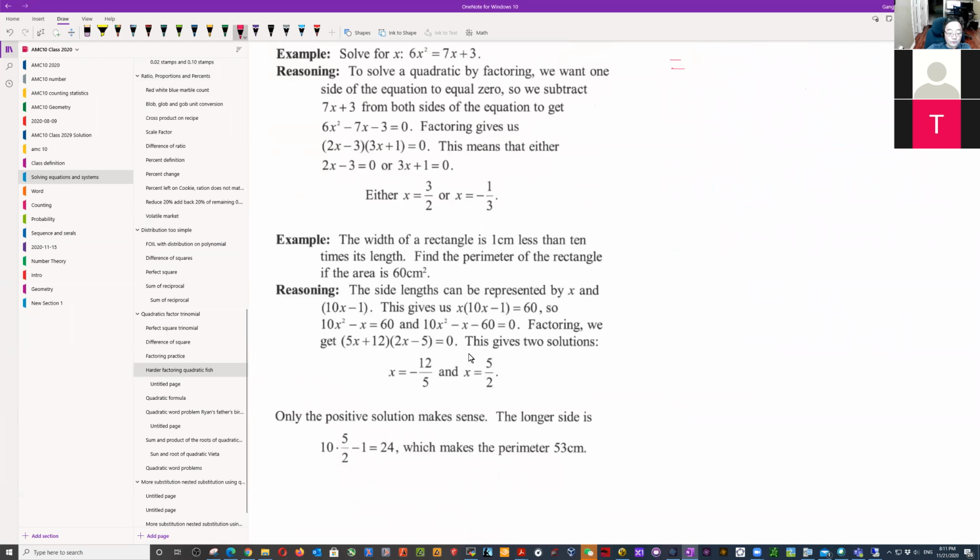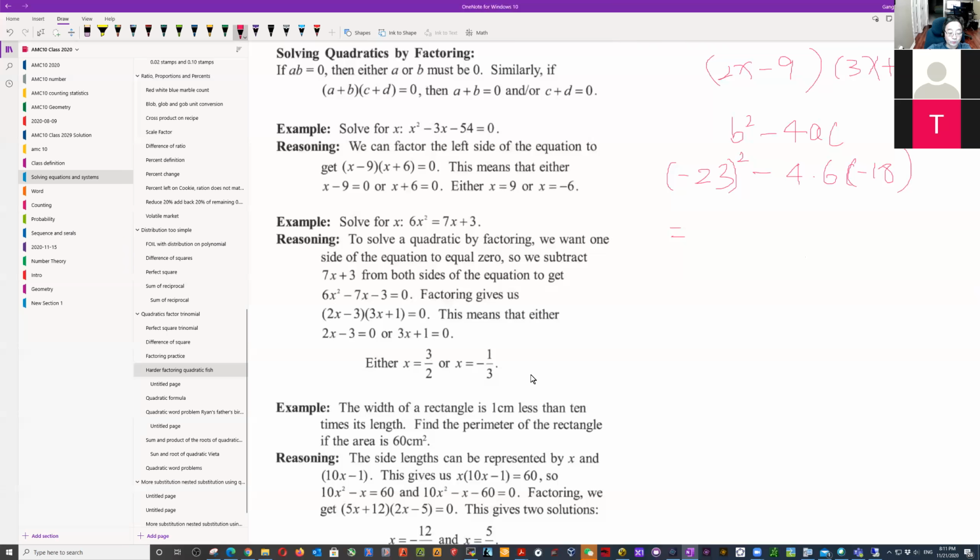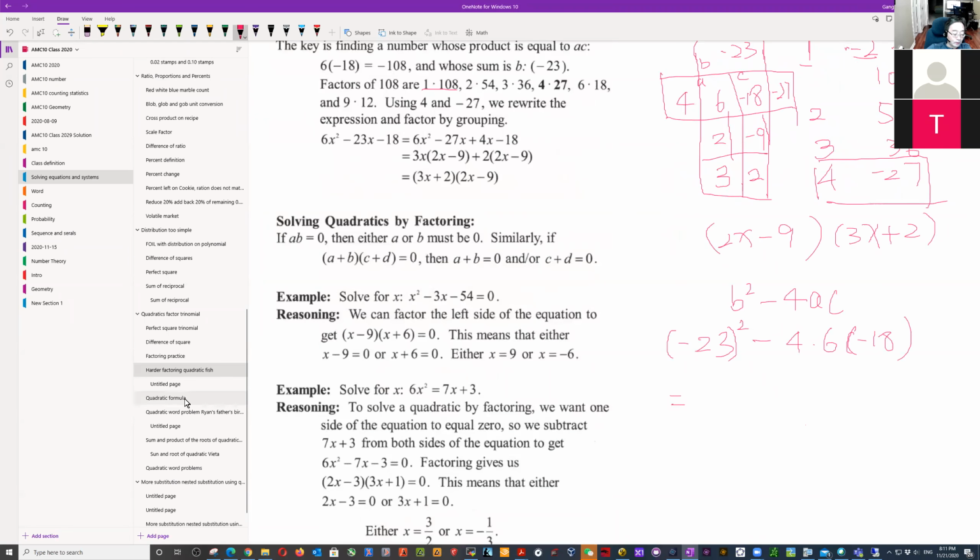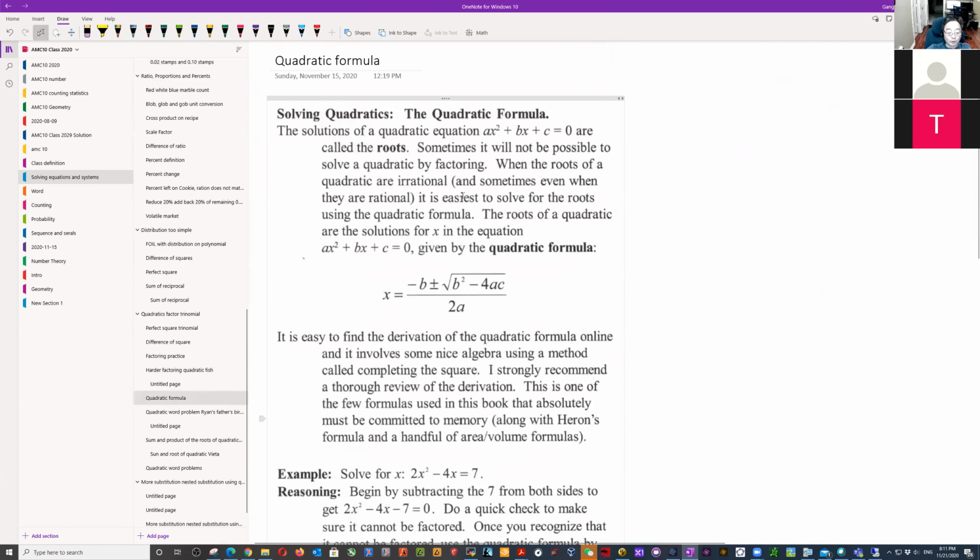So these are the ways to do those quadratics. Then let's go to the quadratic formula. For the rest of you, I think we'll just remember this trick.